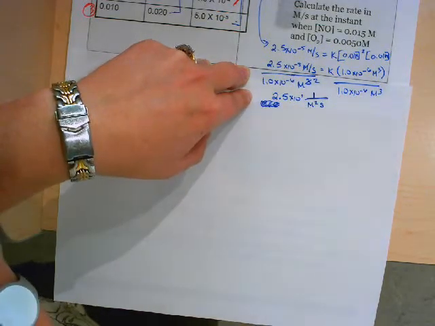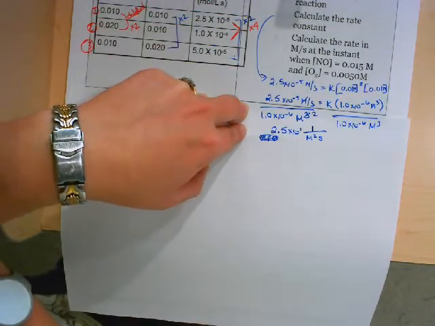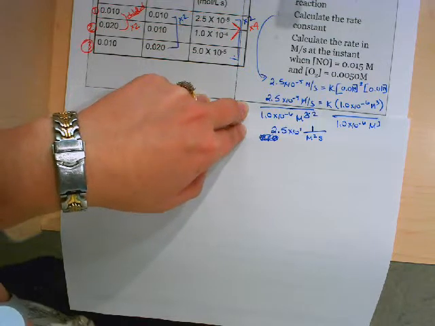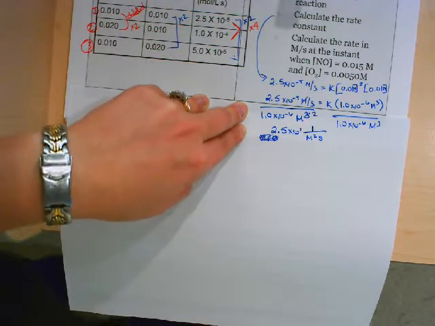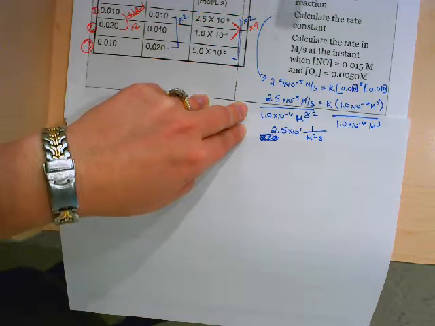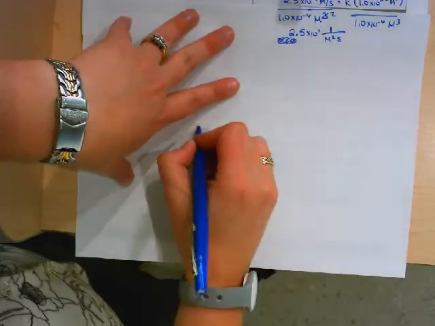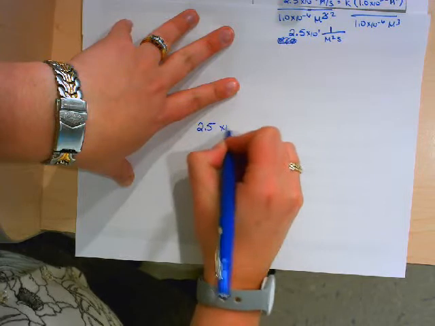Alright, how do we feel about that? Yep, yeah, that'll be fine. Your choice. Okay, I'll write it bigger down here, right? Because I'm saying it's 2.5 times 10 to the negative fifth.